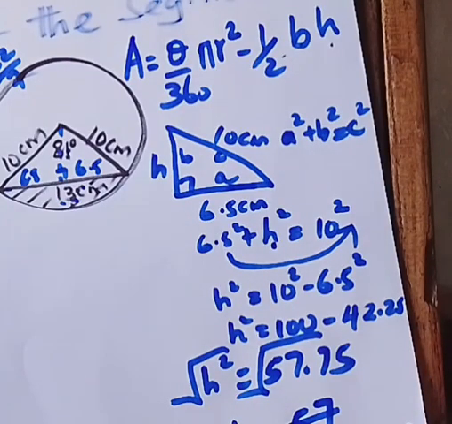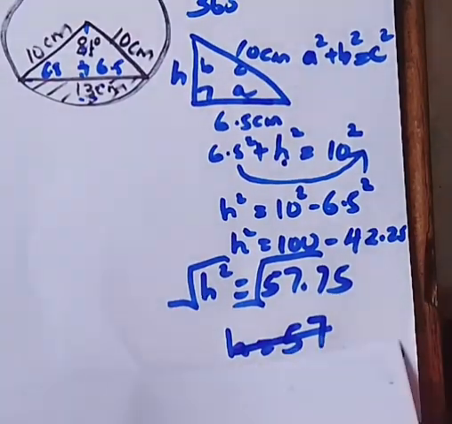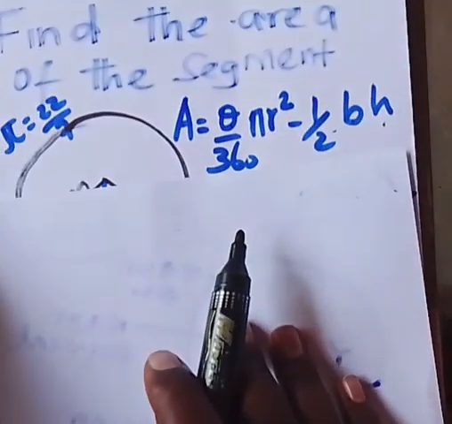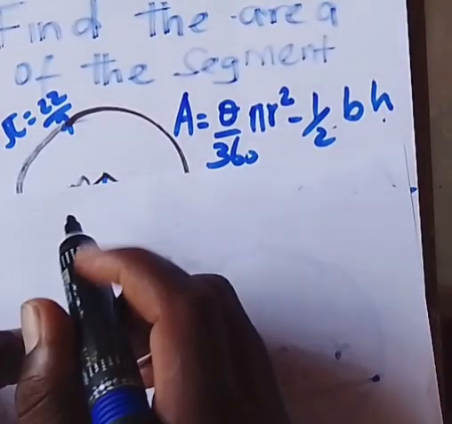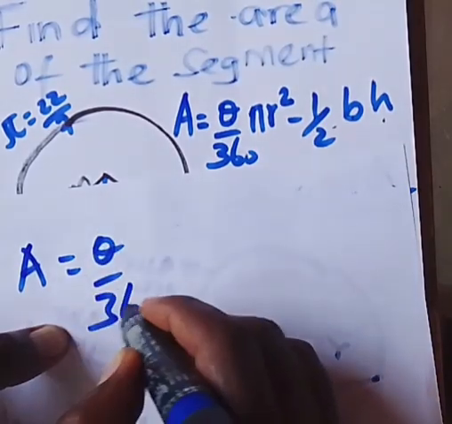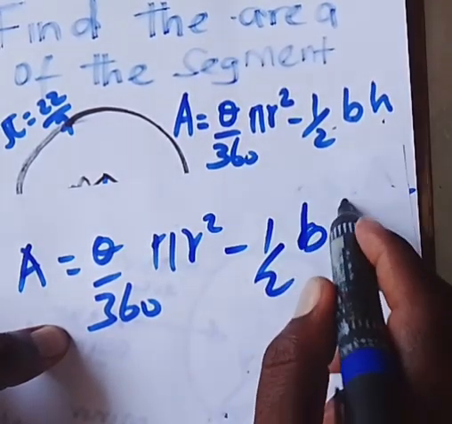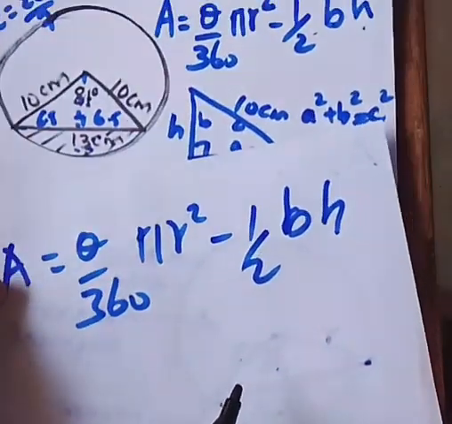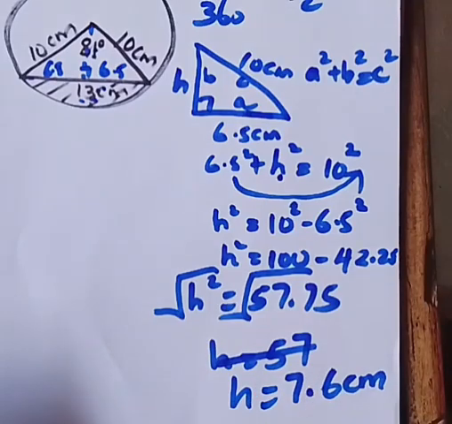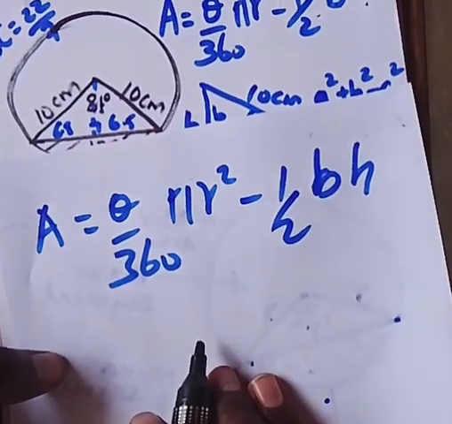Now we can continue with our question here and say now we have the height. Remember we said that the area will be given by theta over 360 pi r squared minus half the base times the height. So looking at our question, we did not have the height, so we calculated the height and got 7.6. So let's replace what we have in this question.